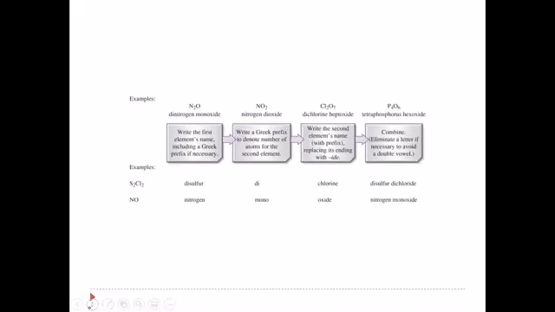So like we said, we use prefixes to tell us how many of each type of atom are present. Now the only time we don't use a prefix is if, for the first element in the compound, there's just one of that element.